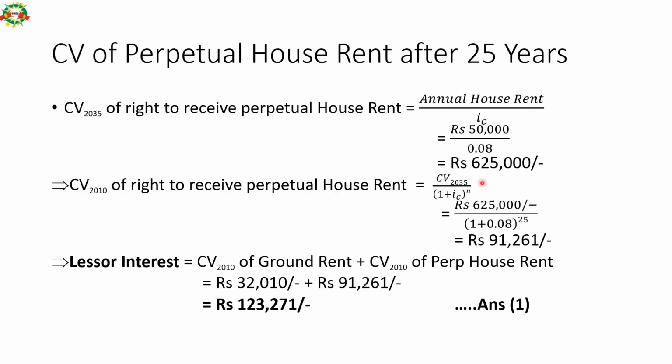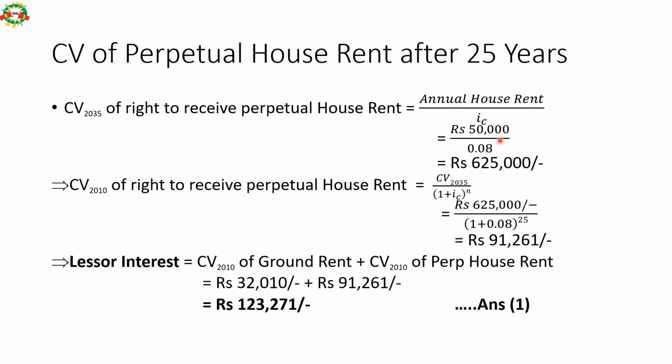So 50,000 is on top and 8% is the yield, which is given in the question. So the capitalized value of the perpetual rent which the lessor will get is capitalized as of 2035, not 2010. So this is the value of future perpetual rent as of 2035. Now we have to further discount it to 2010 by dividing it with 1 plus IC, which is yield, raised to 25.